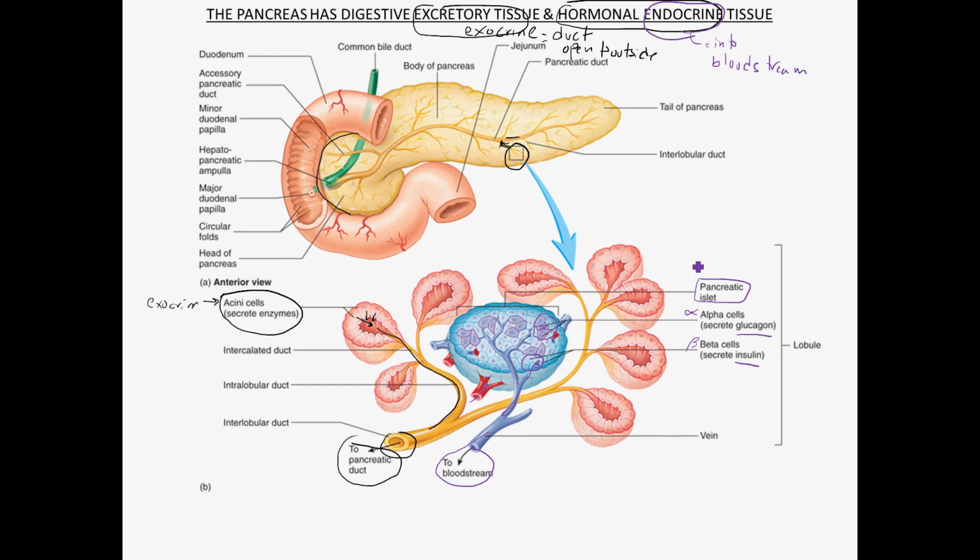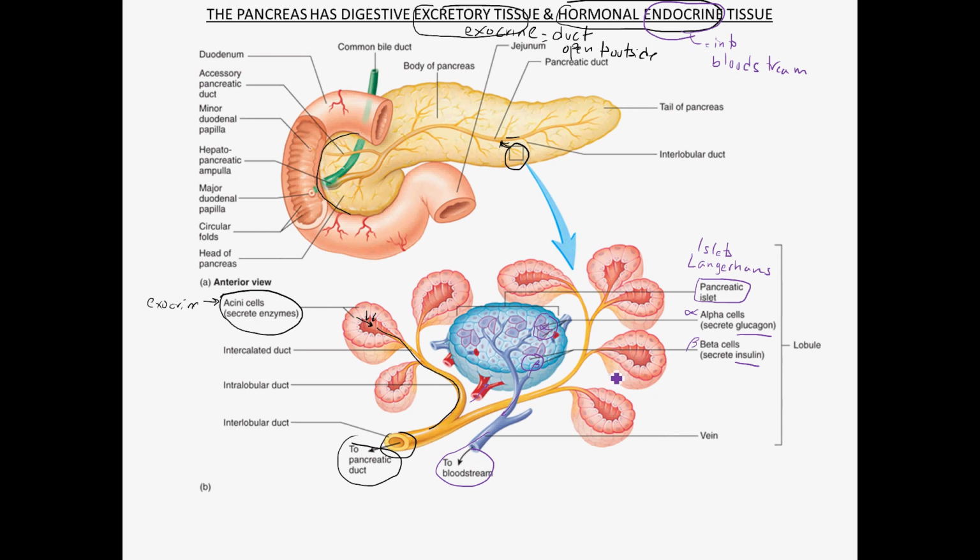These islets are also sometimes, in older textbooks, referred to as the Islets of Langerhans, because presumably Langerhans discovered this endocrine tissue in here amongst all of this exocrine tissue.